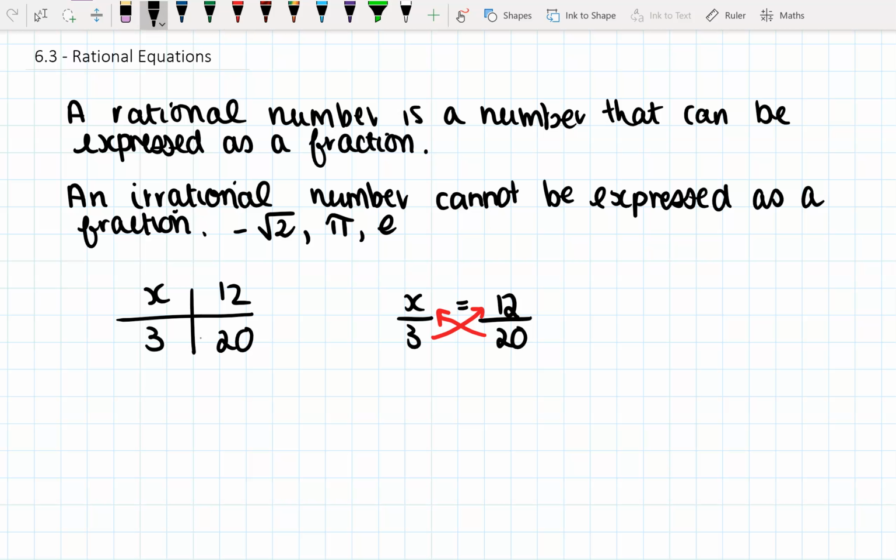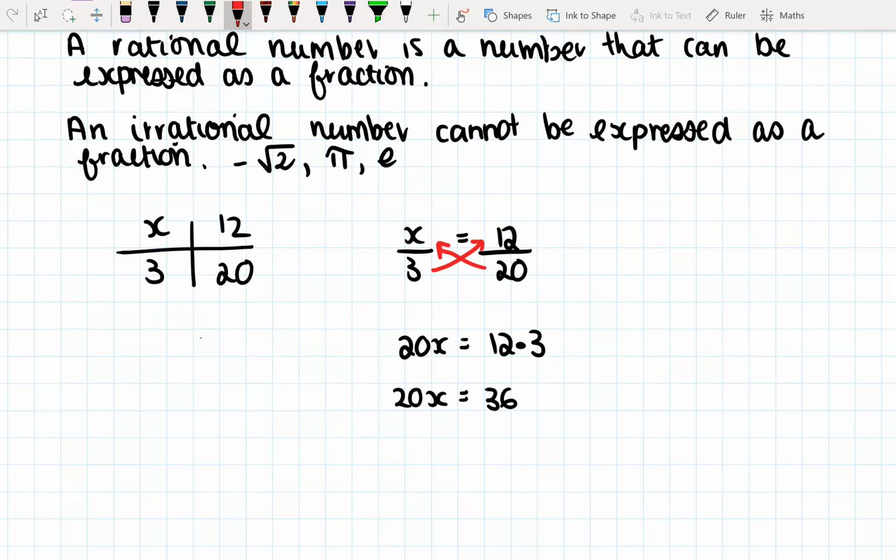So what we're going to have here is 20x is equal to 12 times 3. So 20x is equal to 36. Then we can simplify this by dividing both sides by 20. So we get x is equal to 36 over 20, and that simplifies to 9 over 5. So this is a rational equation.